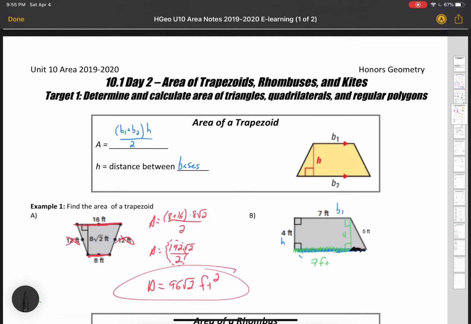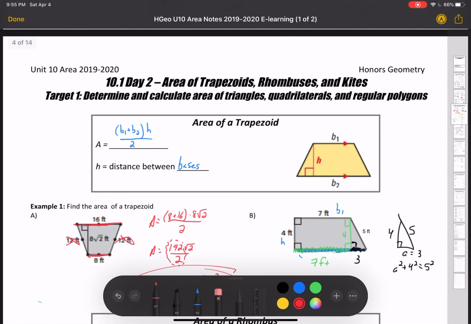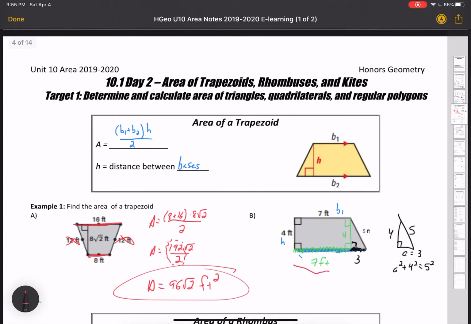Well, I know this is a right triangle, so if I set that up separately, 5, 4, I can use the Pythagorean theorem in order to find one of the side lengths. And after doing that, you're going to get a to be 3. So if this part is 3, that means that the whole second base is going to be 10. And that's going to be base 2.